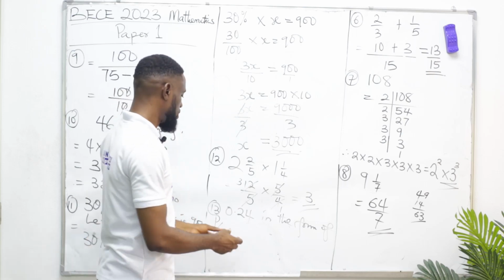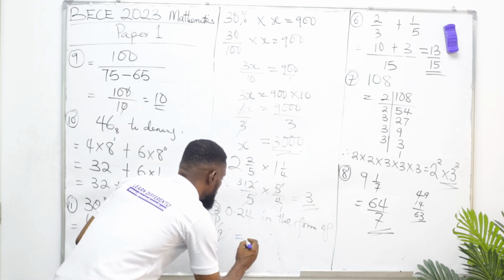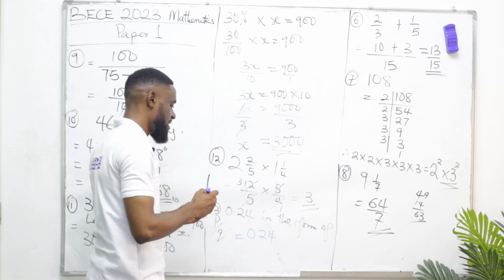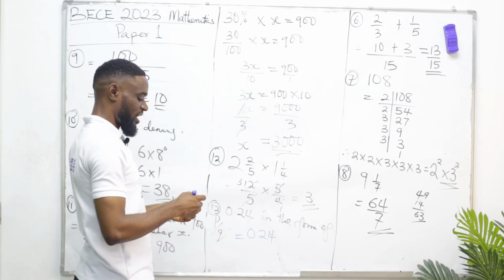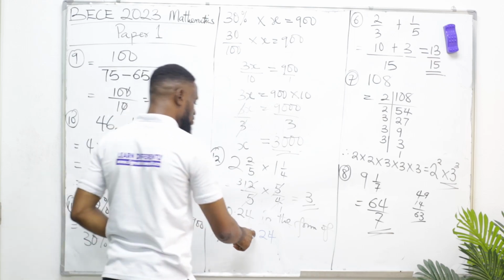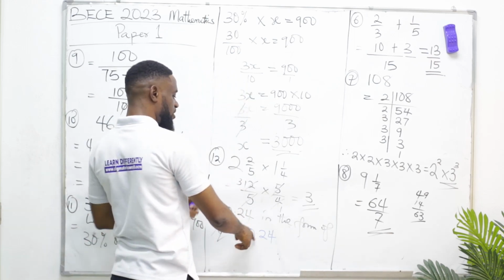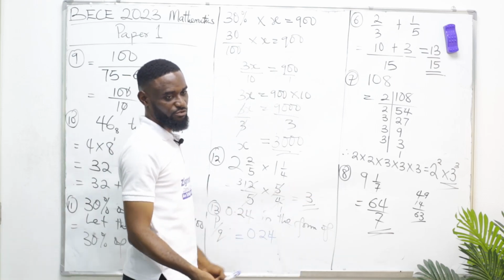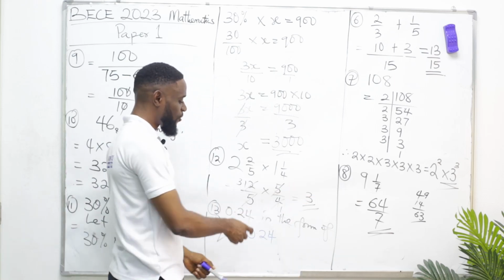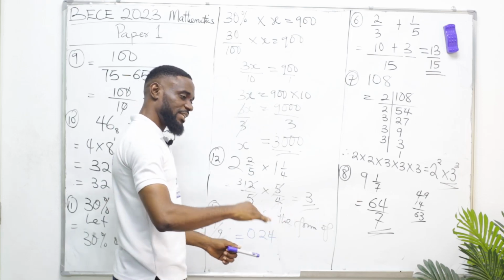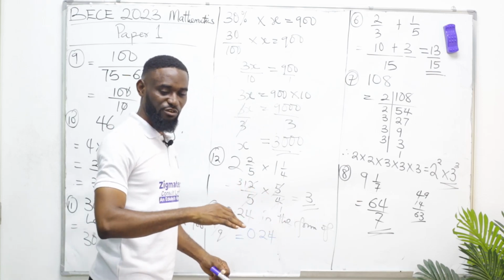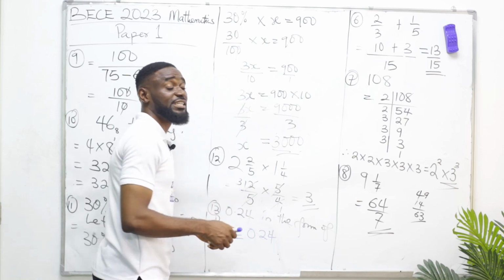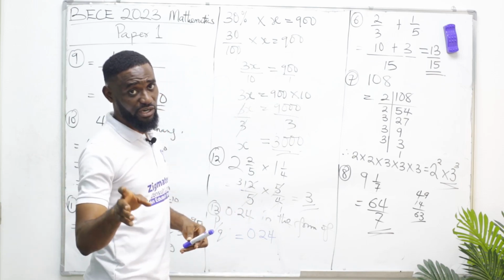So what we do is 0.24, converting to a fraction. We move this decimal point to the right so that we can convert it to a fraction. Remember, all decimals are in the division of a power of 10, do you understand me now?